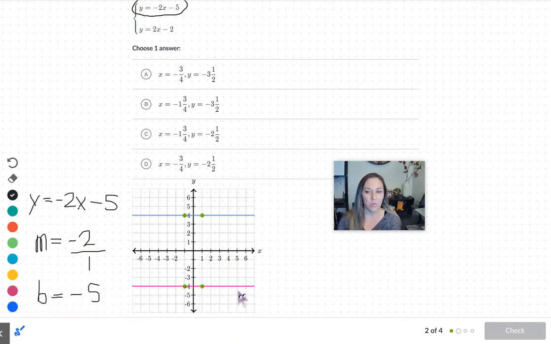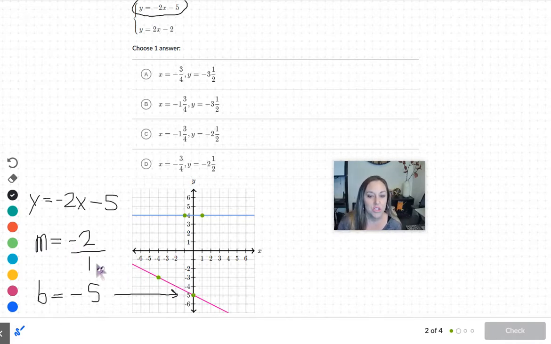So I can take either one of these lines. I'm going to start with my first green dot at -5 on the y-axis. That's where I begin. Okay, and then look at my slope. My slope is negative. So the first thing I'm going to do is just make that line look like a negative slope. Okay, and now I need to make sure it's going up 2 over 1.